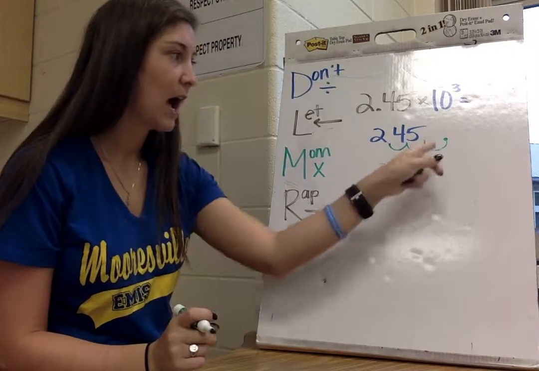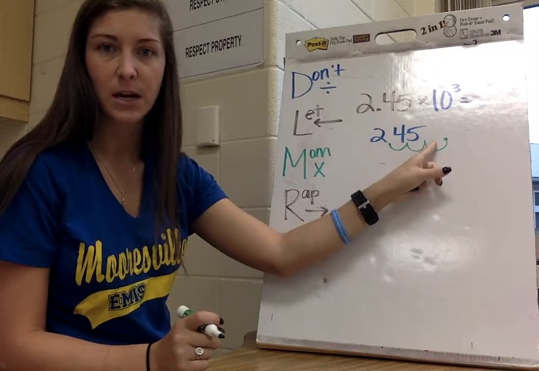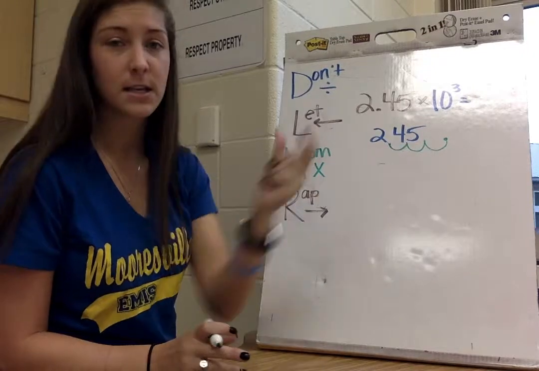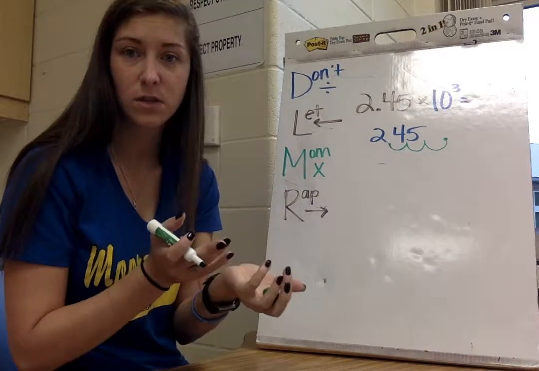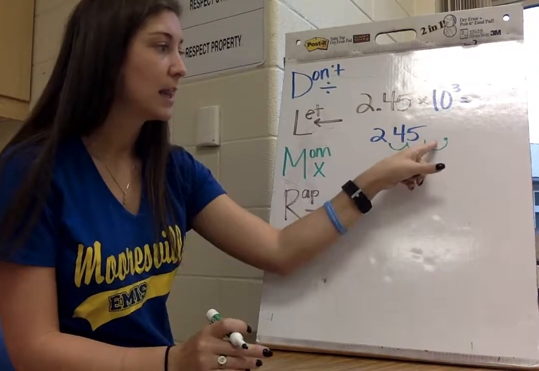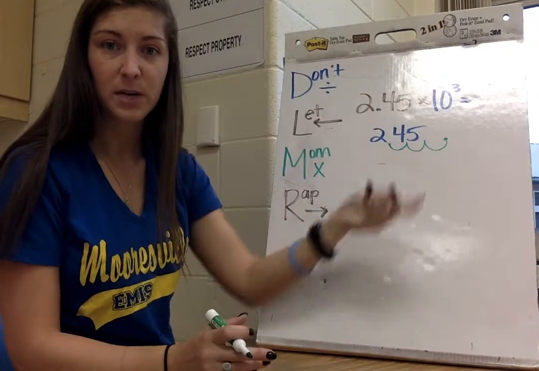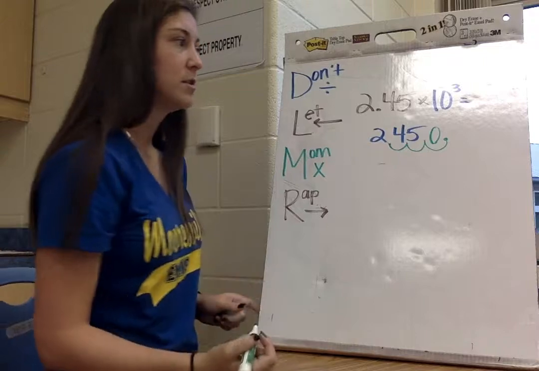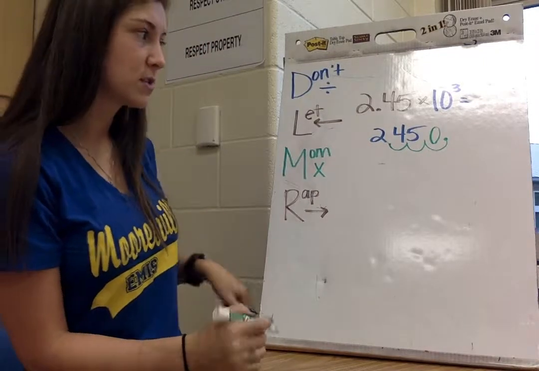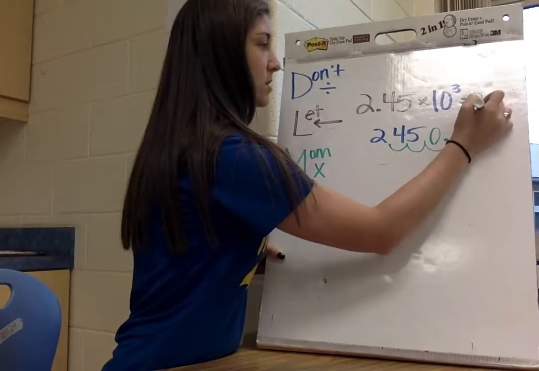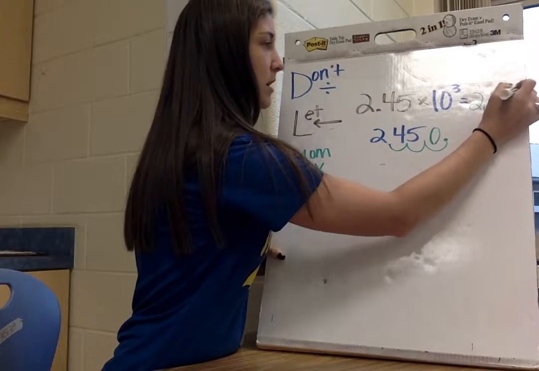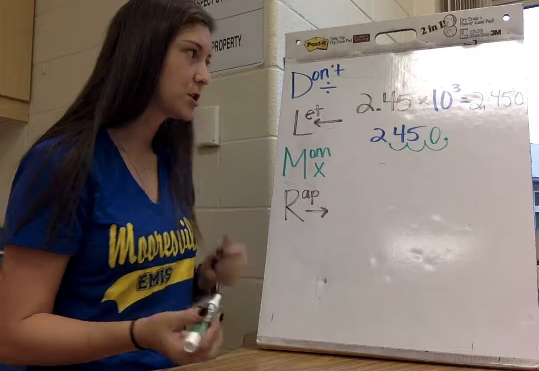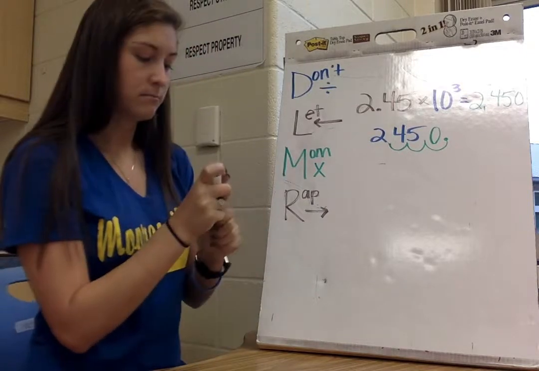I have an empty little bump right here, and I like to call those my egg cartons, because they look like cartons of eggs in the store that your parents buy, and that carton needs an egg in it. So I have to put my placeholder, which is a 0. Therefore, the answer is 2,450.